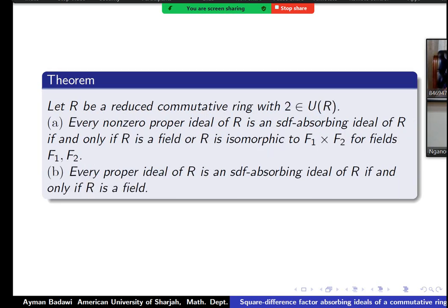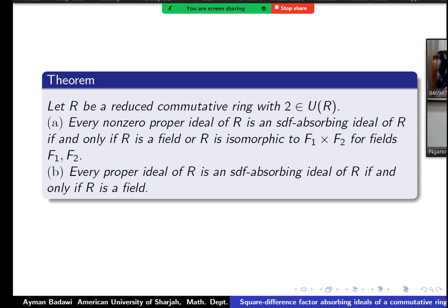All right. Let R be a reduced commutative ring. Here we try to characterize when every proper ideal of a von Neumann regular ring will be SDF. Every non-zero proper ideal is an SDF if and only if R is a field or R is isomorphic to a product of two fields, F1 and F2.